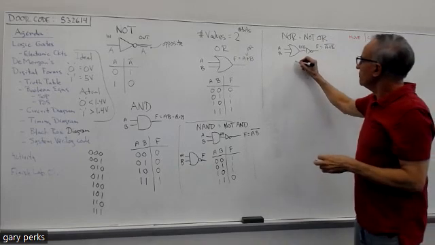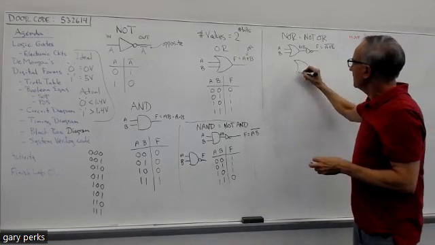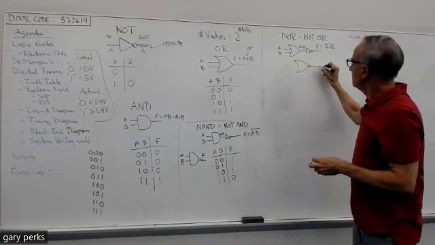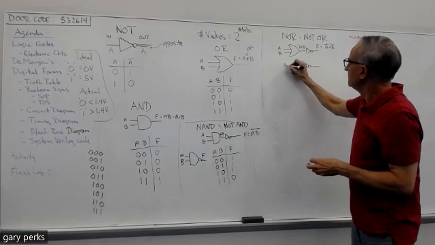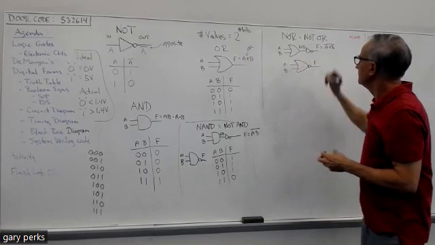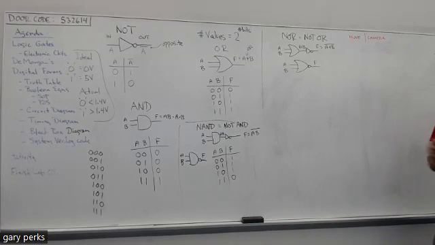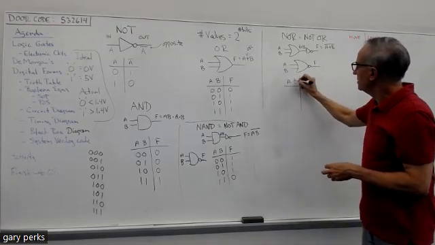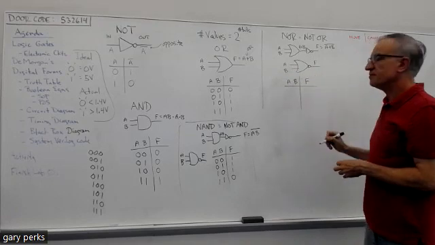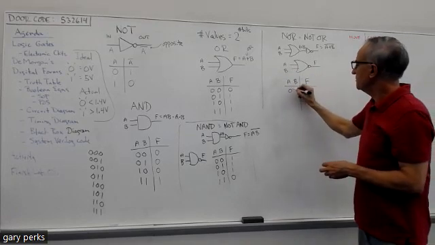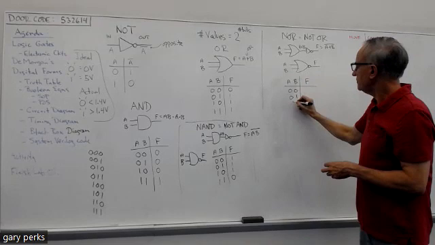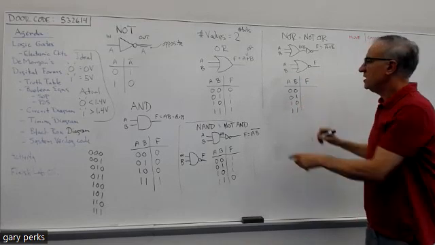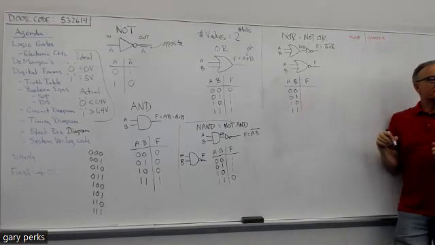And then the symbol for a NOR, same idea. It's the OR with a little bubble on the output. Then the truth table for a NOR, well, it's going to be like the OR, but the output's going to be inverted. So in OR, I'll get a 1 out as long as at least one input is a 1.